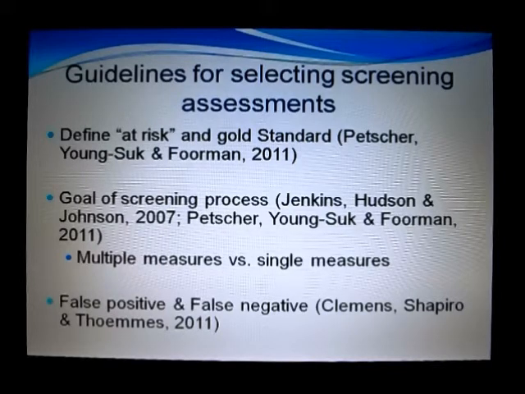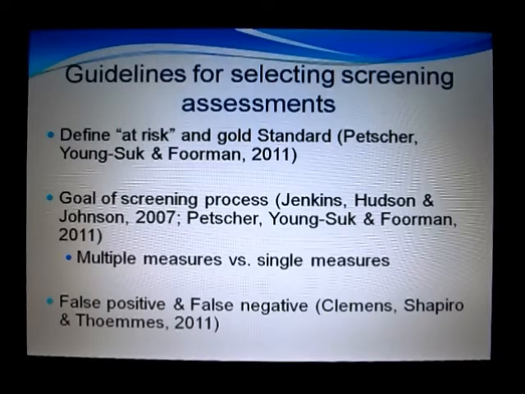The second point there is using the process of screening, but having a specific goal for your screening process. So are you screening for fluency? Are you screening for comprehension? You want to pick a screener that matches the goal of your screening process. And along with the goal of your screening process, you have to look at whether you're going to use a screener that does multiple measures or one that just looks at a single measure one point in time.